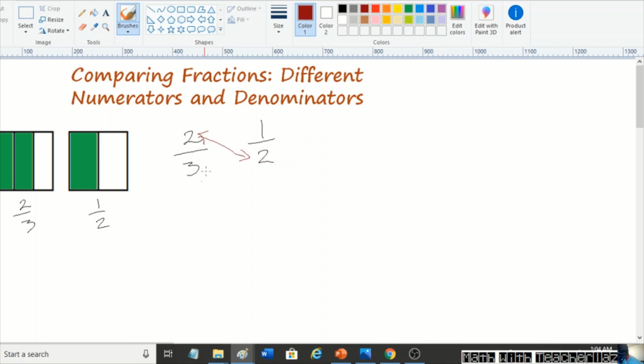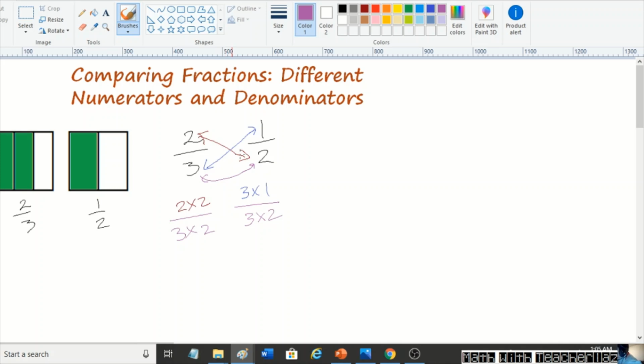Okay, so that means that we're going to have 2 times 2. Then we're going to cross multiply over here, 3 times 1. Finally, we're going to multiply the denominators by themselves, okay? And that's going to be my denominator down here. So this is going to be 3 times 2 and 3 times 2, okay?